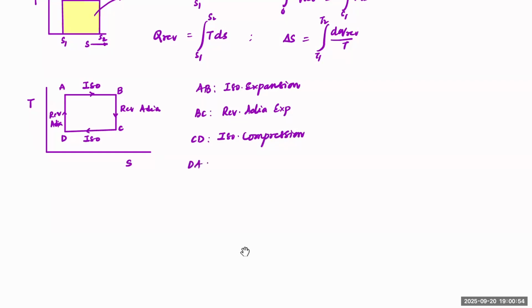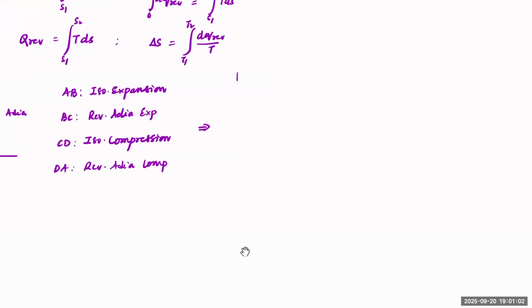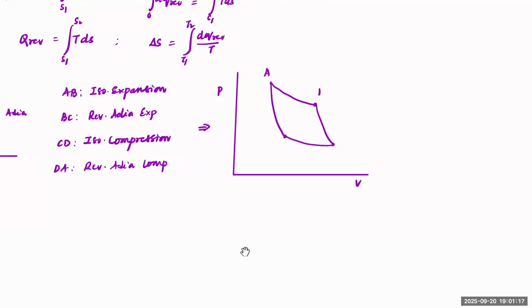And D to A is reversible adiabatic compression, which is nothing but the Carnot cycle, isn't it? This is what we discussed in the Carnot cycle. So in P versus V, you're starting with A to B, B to C, C to D, and from D to A. So this is the Carnot cycle we are talking about.